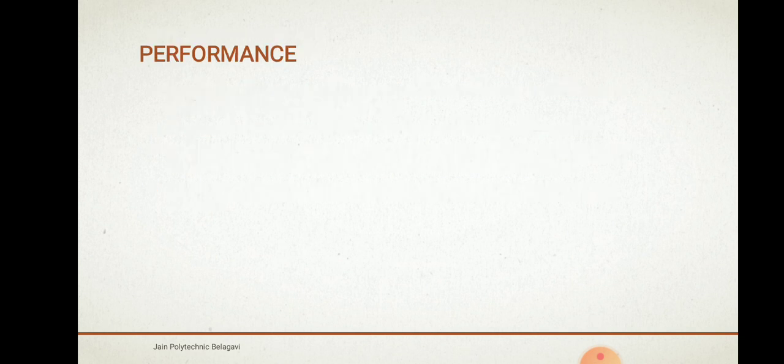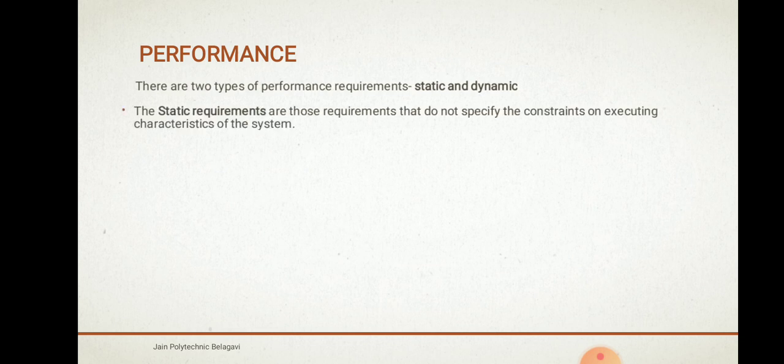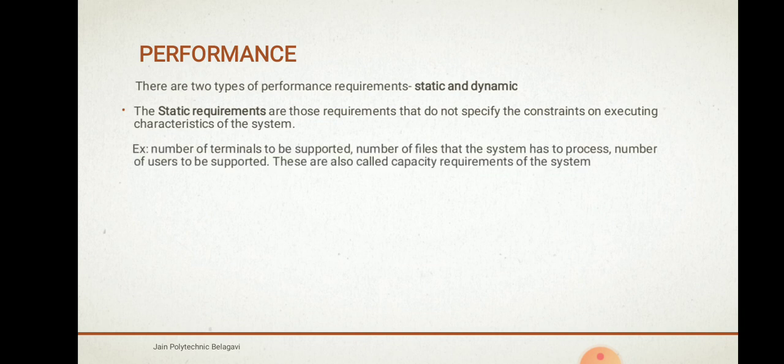Next one is performance. Now there are two types of performance requirements, that is static and dynamic. Static requirements are those requirements that do not specify the constraints on executing characteristics. Example, you can take number of terminals to be supported, number of files that the system has to process, number of users to be supported. So these are called capacity requirements.